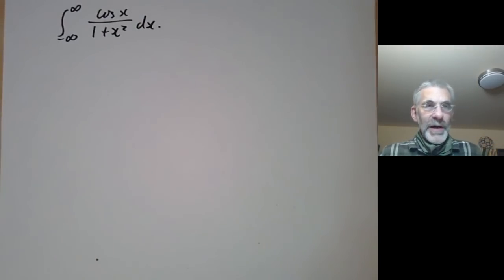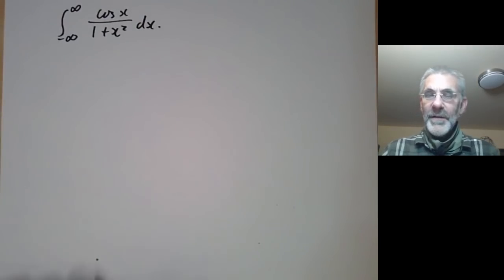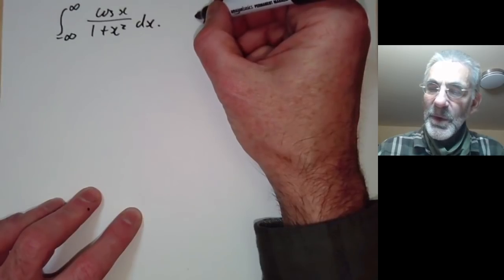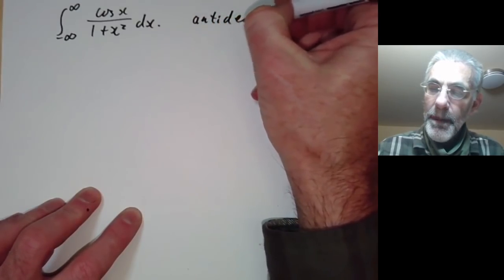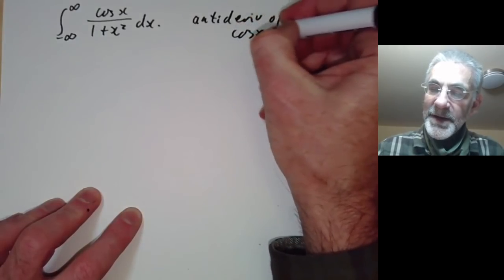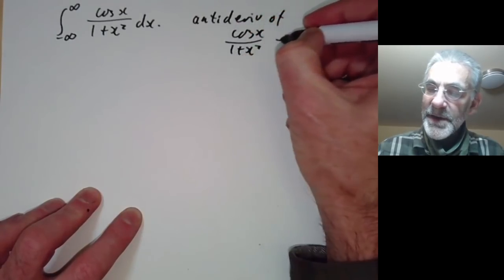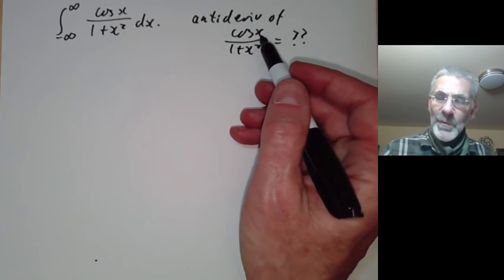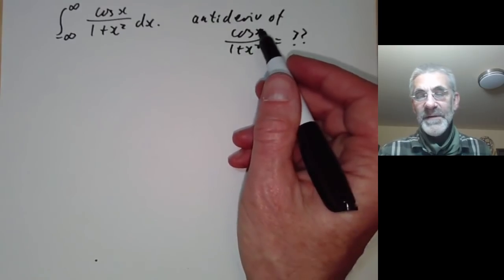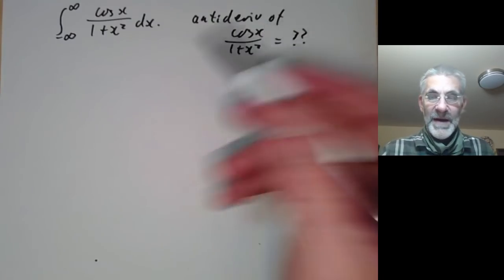Now if you try and use elementary calculus on this, you get stuck, because we want the antiderivative of cosine x over 1 plus x squared, and this is equal to, well, I don't know. There's no easy way to write the antiderivative of this function in terms of elementary functions.